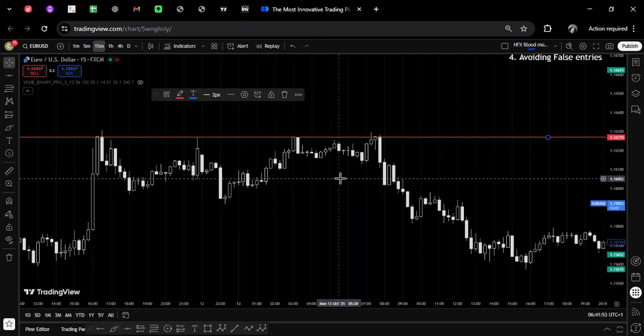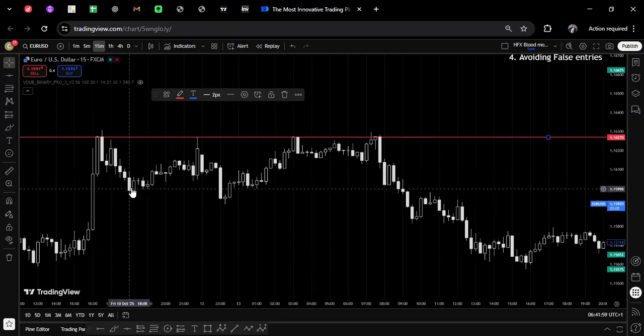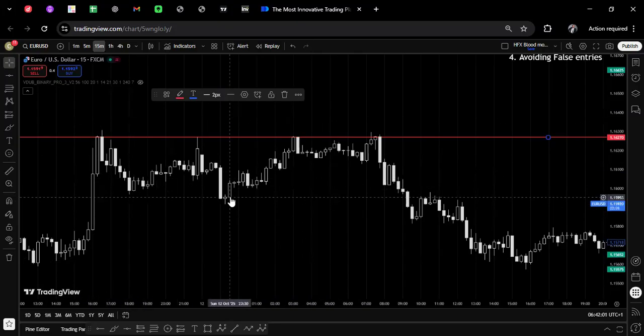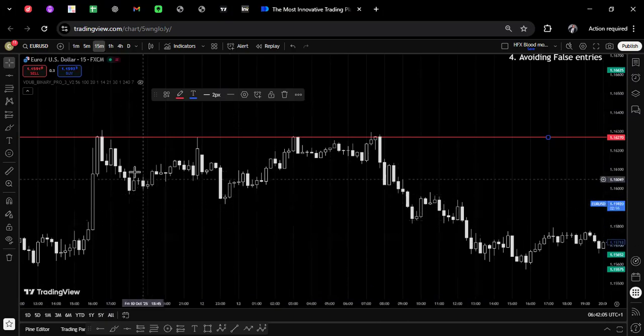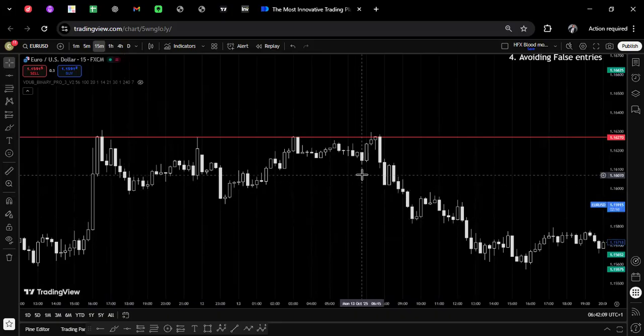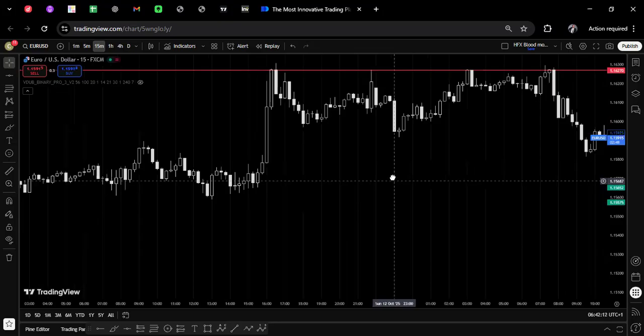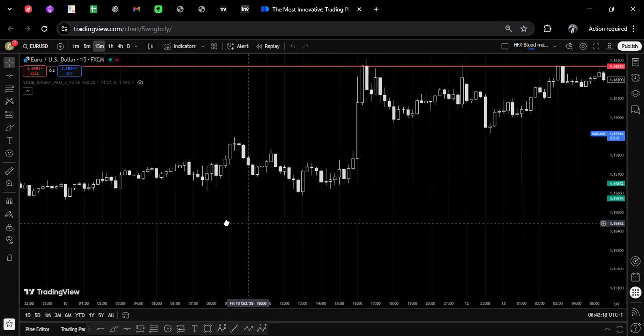Then how about support? Are we seeing any area that the market kept touching, reversing, touching, reversing? No clear one here. But if we get to this other area, we have an area with loads of support.